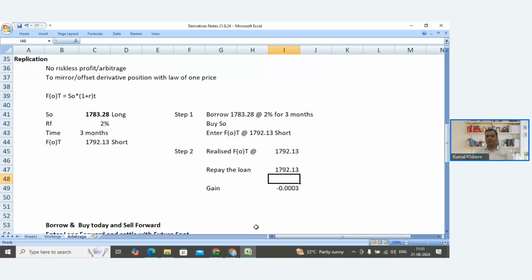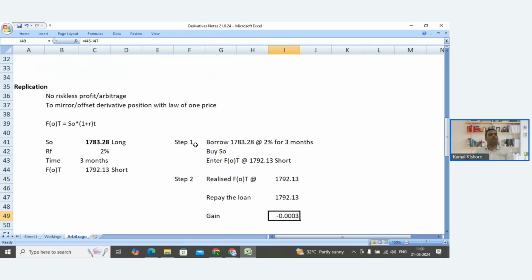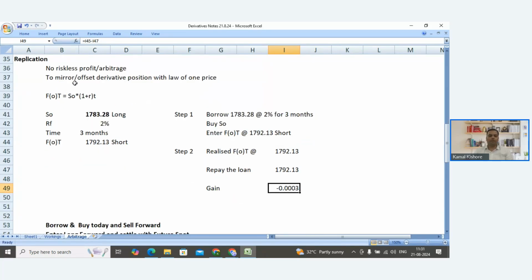Okay, so the 1792.13 gain is almost eliminated, right? Because there is not going to be any arbitrage gain or loss when this process is followed, only to cover. Now, what happens?